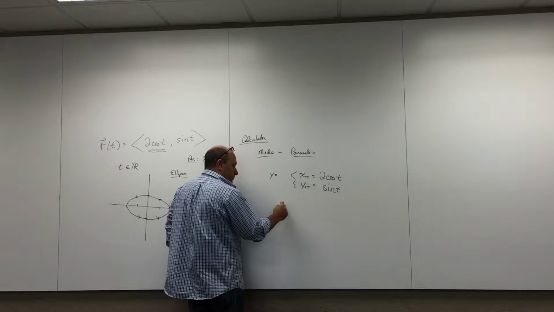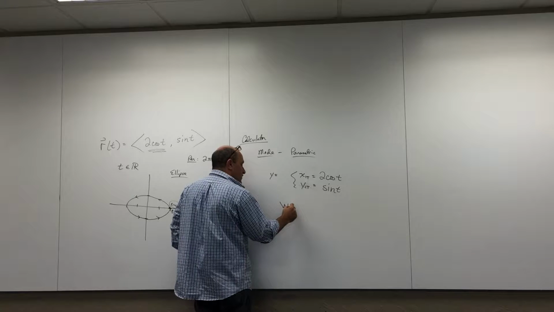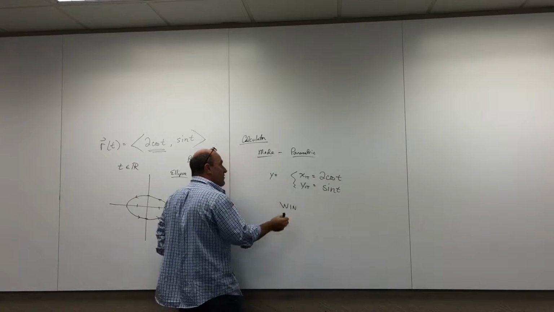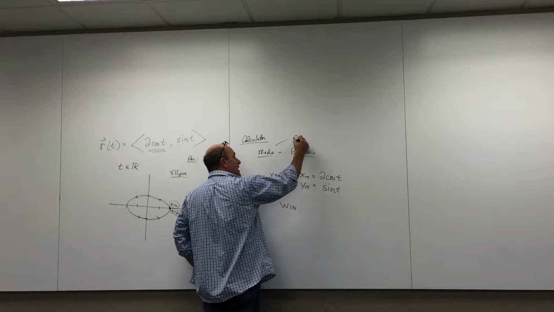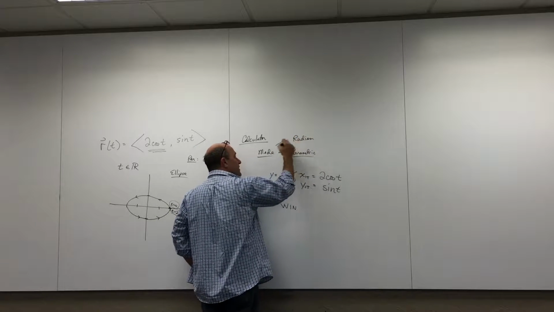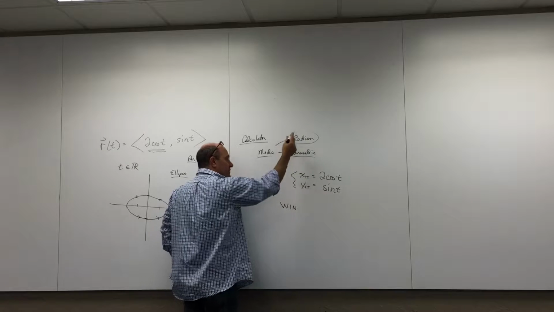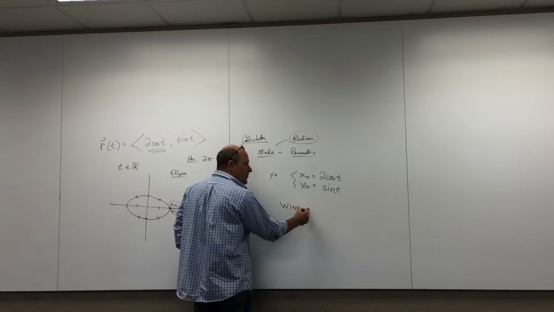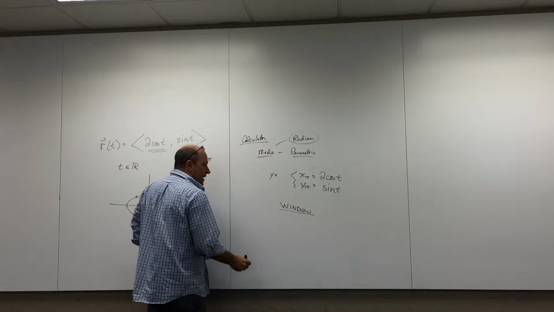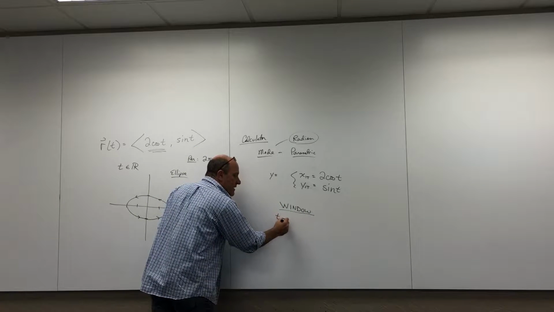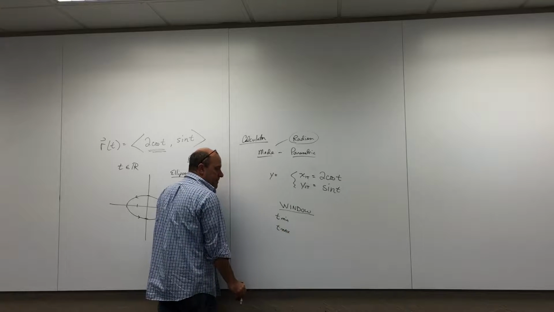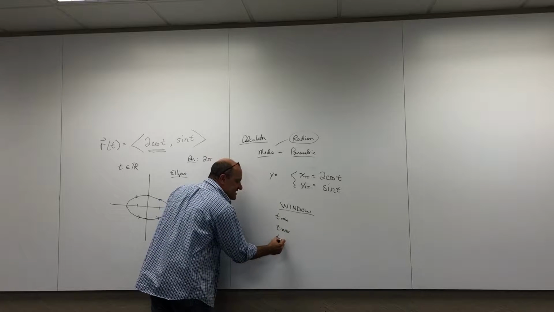Try that for a second, and then do another thing for me. Since we're dealing with trig, we ought to be in radian mode instead of degree mode. That's a good idea when you're dealing with trig. Then when you mess around with your window, there's a t min, a t max, and a t step.